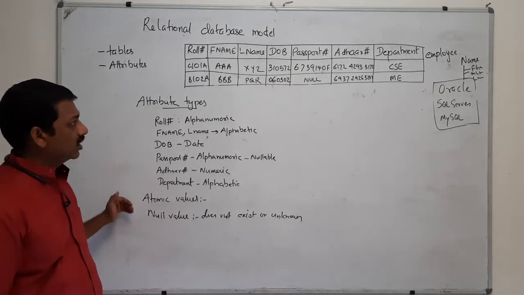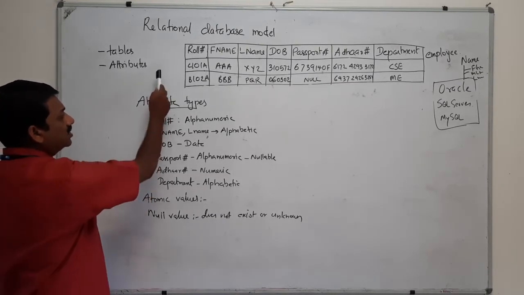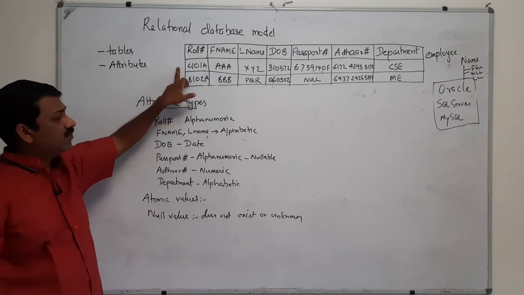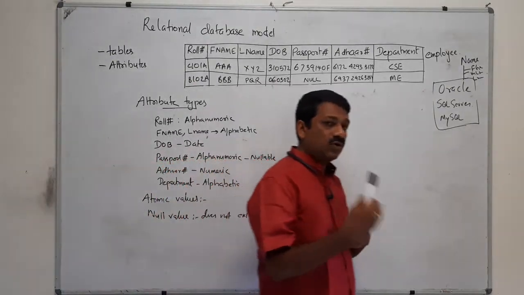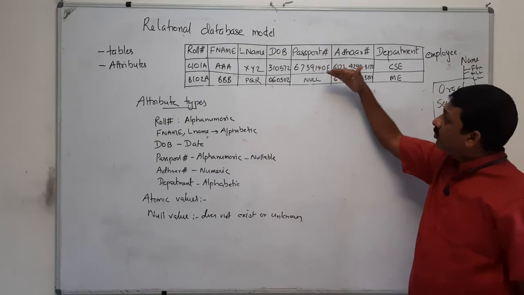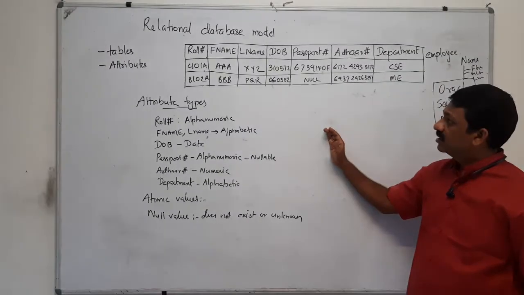These are attribute types. And now, as I told you, these are different tuples. Tuple number 1, tuple number 2. You can insert more and more tuples into this database. As long as new employees are available, you have to insert their data into the database.